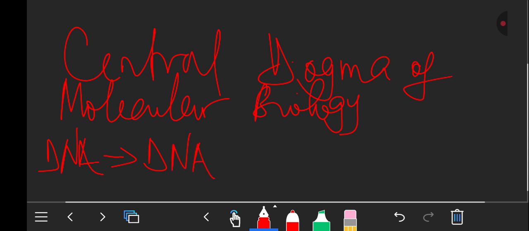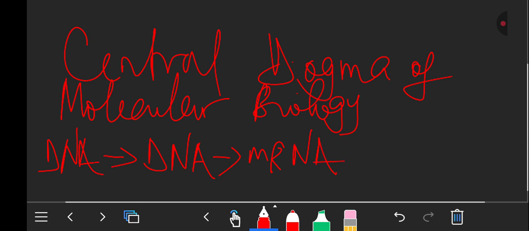Now the process by which this DNA makes a copy of itself is called replication. To replicate is just to make a copy. Then this DNA has to make a copy of RNA. It has to be transcribed, and the process is called transcription. It is just a certain segment of DNA that needs to be transcribed, specifically to mRNA, messenger RNA.